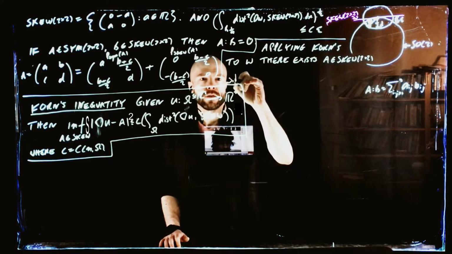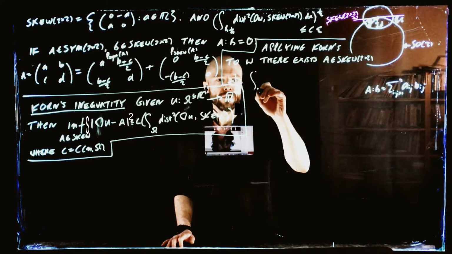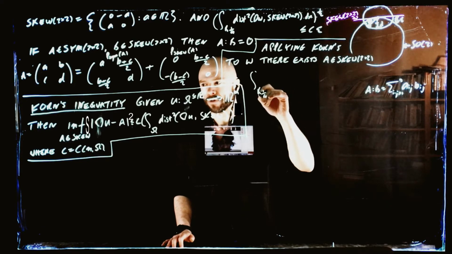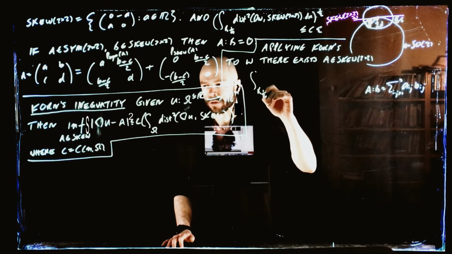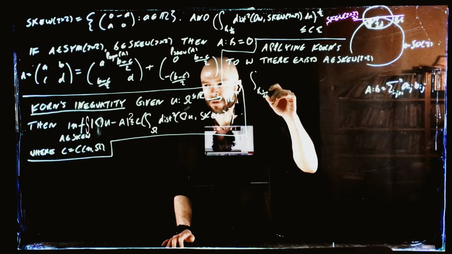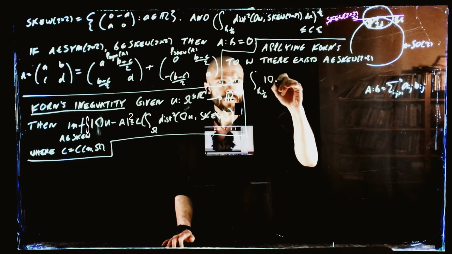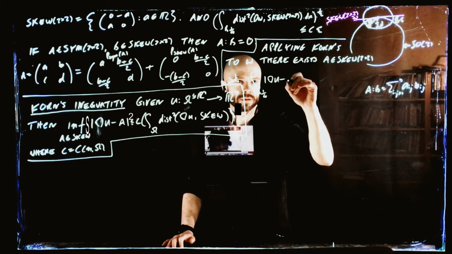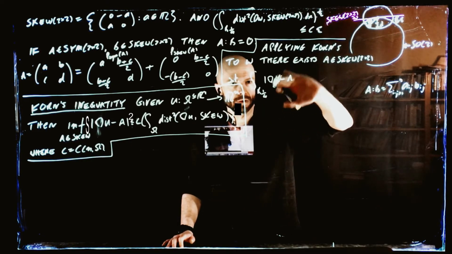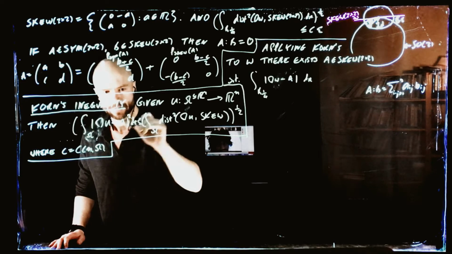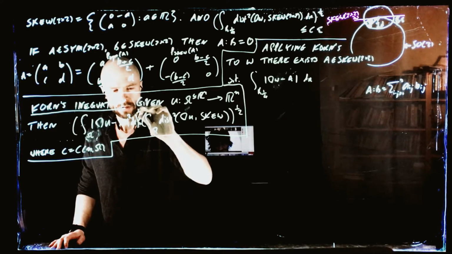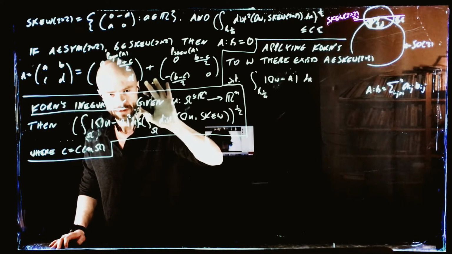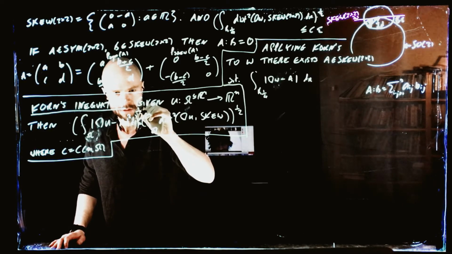Such that the integral of ball 1 over 4 of this thing, gradient u minus gradient w, is 1 over 2. Okay. This is Korn's. Like this.